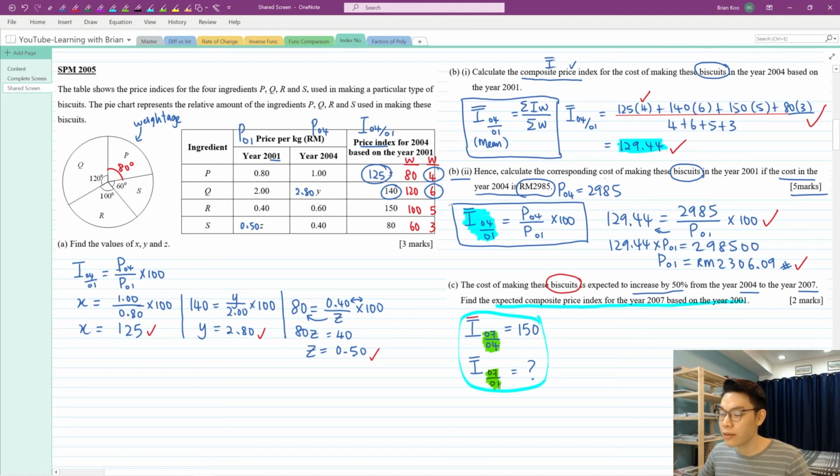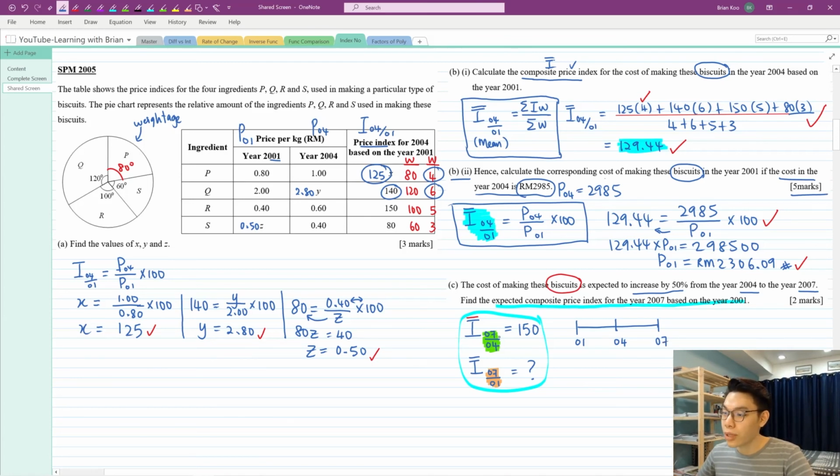We got 2007, 2004, and 2001. So if there are 3 years involved, we know we will use the number line one. We will need to arrange the years in order. 2001 first, then 2004, and then 2007.